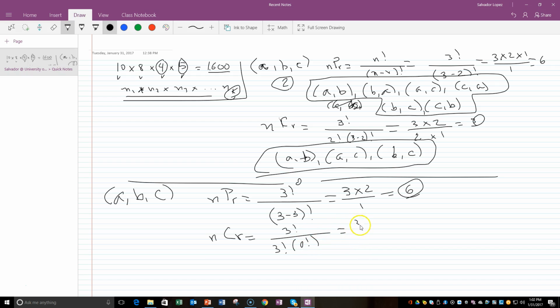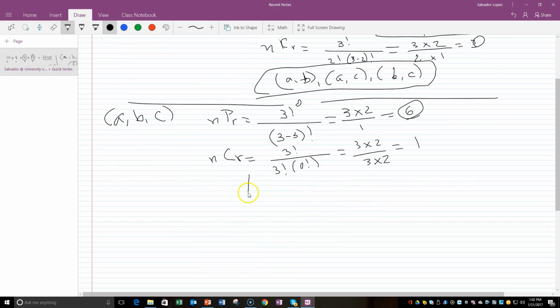So it will be 3 times 2 on the numerator and 3 times 2 on the denominator. And remember, the factorial of 0 is 1. So it will be 1 here. And what is the outcome of the combination? It is simply ABC. There's no other way you can arrange this, because the order doesn't matter.